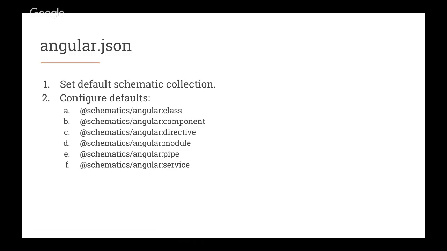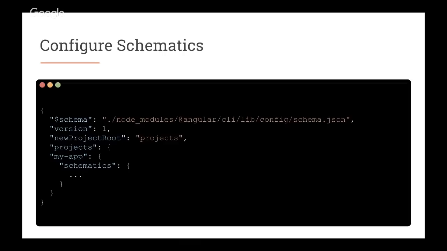So if you find yourself, let's say take the component schematic, for example, constantly using SCSS in your application, you'll probably note that the Angular CLI defaults to CSS. So you'll probably find yourself passing the style extension flag and then equals SCSS over and over. But for all these schematics that you see listed here, we can set defaults in the angular.json file.